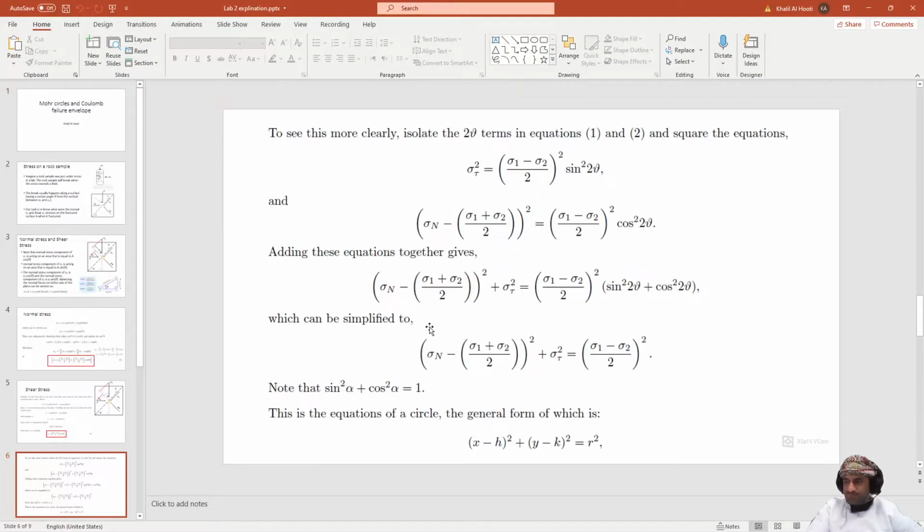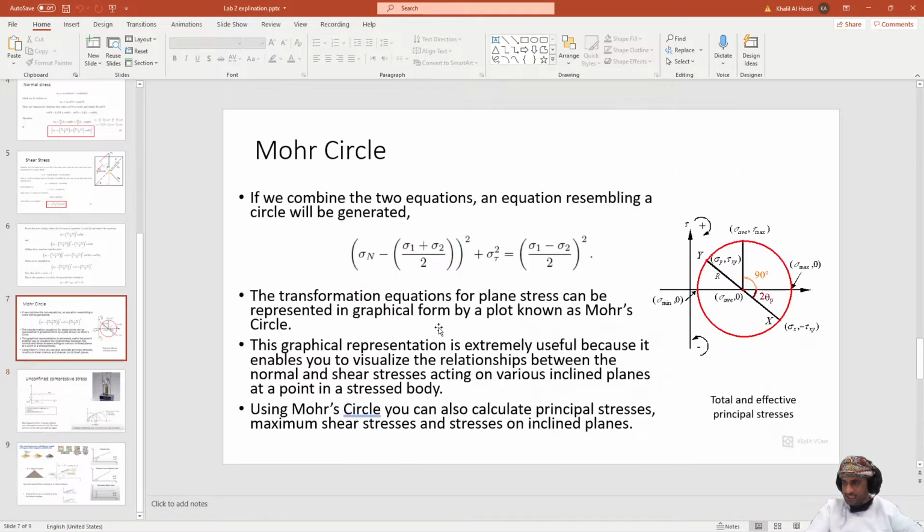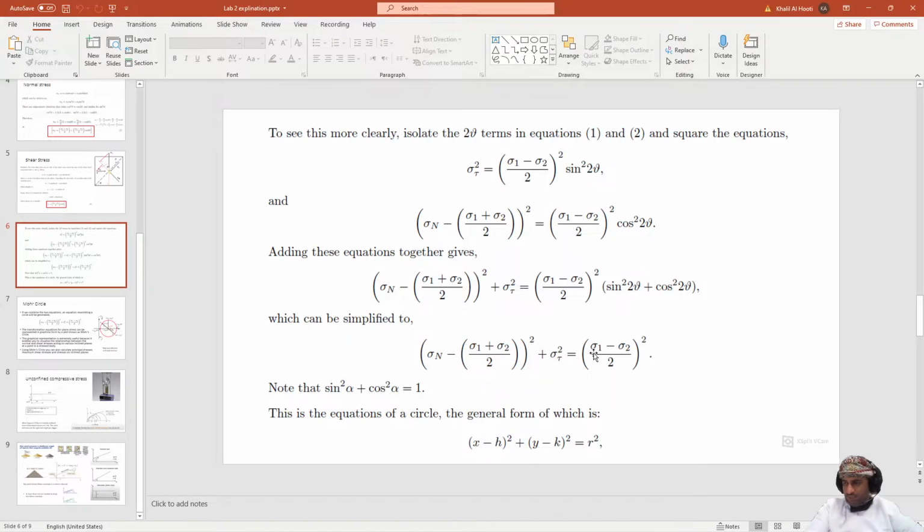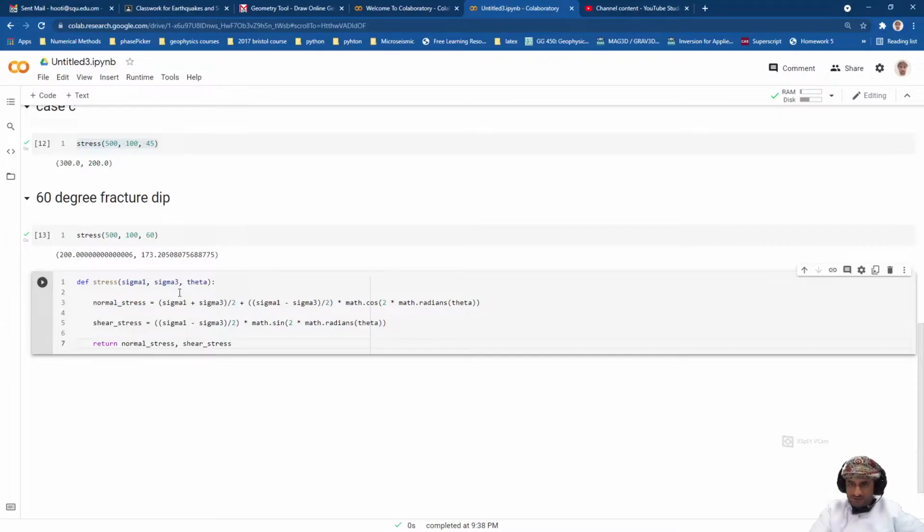Back to these slides. We need sigma 1 minus sigma 2 over 2 to give us the radius. Sigma 1 plus sigma 2 divided by 2 gives us the x center. Y center is 0. So let me modify this equation, name it circle.